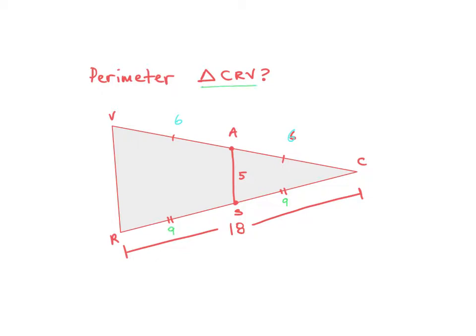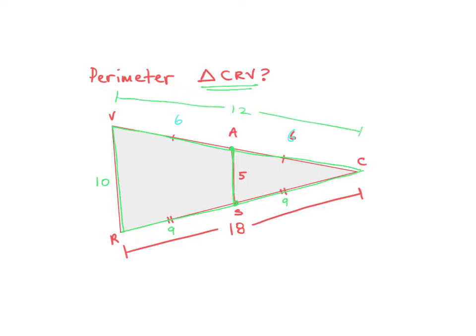So ultimately we're looking at what is the perimeter of this bigger triangle CRV here, and we're using this idea of a mid-segment, this line that's connected to midpoints, and identifying, okay, the 18 is cut in half, 9 and 9, 6 and 6. I'm doubling up my base to 5 and 10, and I have 18, 12, and 10.